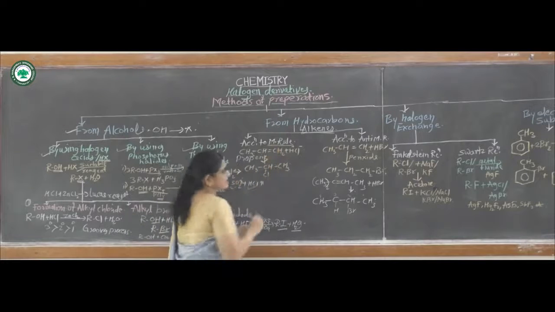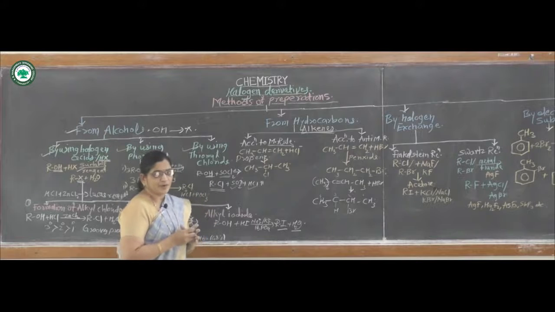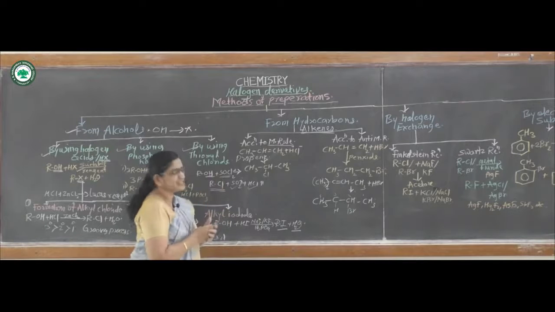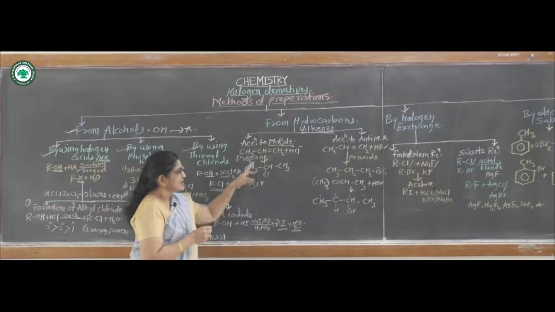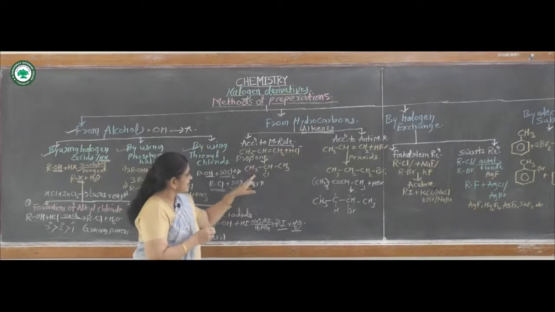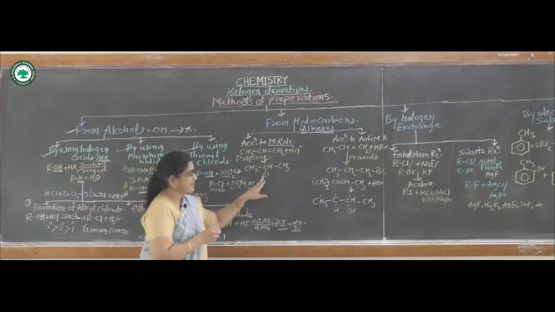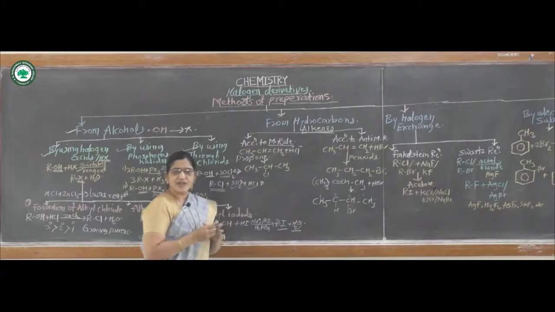We have studied this rule in 11th standard, Markovnikov's rule and anti-Markovnikov's rule. The statement of this rule is, in addition of an unsymmetrical reagent to an unsymmetrical alkene, the negative part of the reagent gets attached to that carbon atom which carries fewer hydrogen atoms, and the positive part gets attached to that carbon atom which carries more hydrogen atoms.